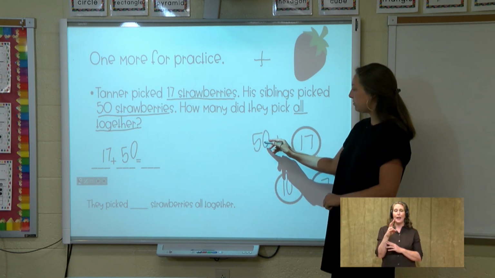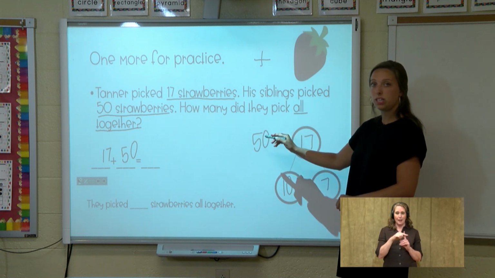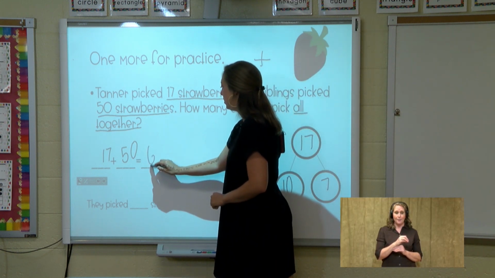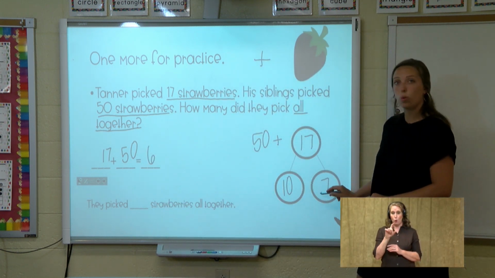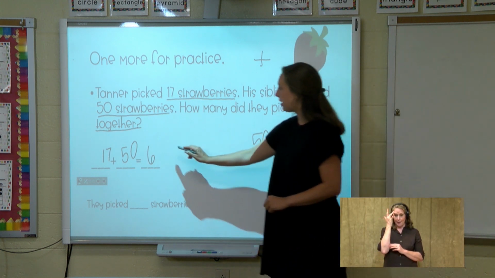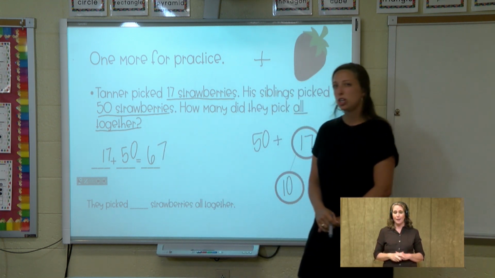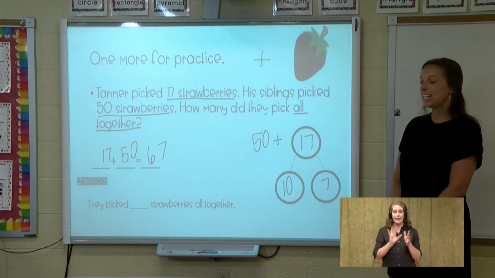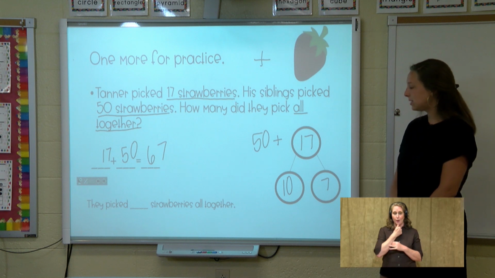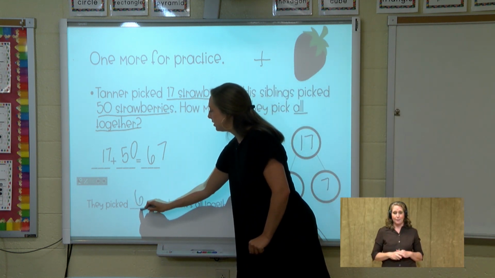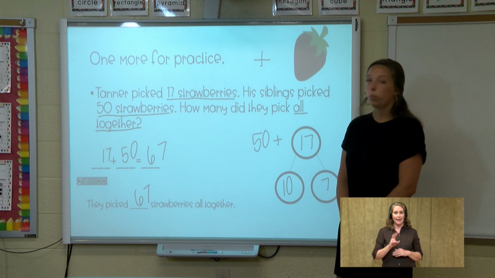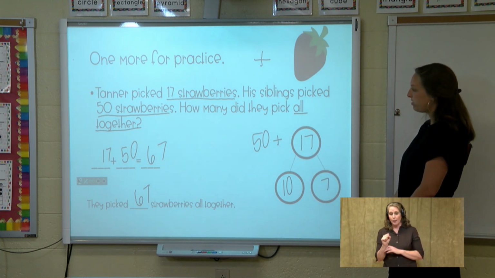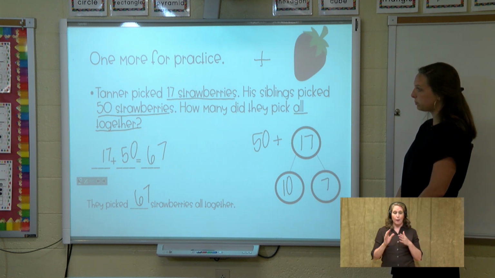We know that 50 plus 10, so 50 plus another rod, will give us 60. And we cannot forget about our ones. 7 ones. How many strawberries did they pick up all together? They had 67 strawberries. 67. We could have also added this by using our tens and ones or a simple version of the number bond.